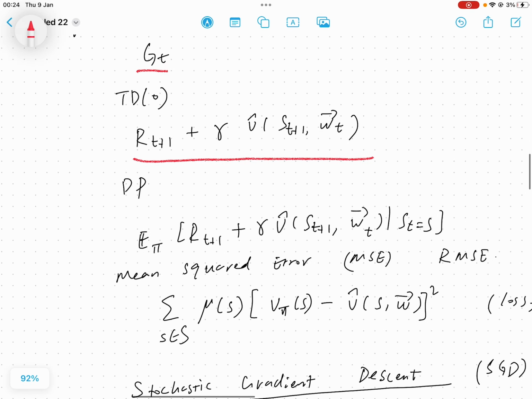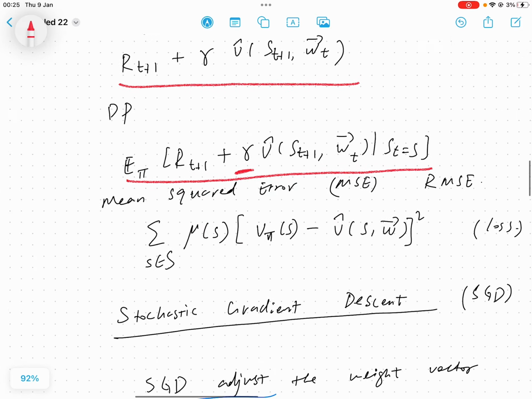In dynamic programming, it is the expectation over the policy pi of the immediate reward R_{t+1} plus the discounted future reward gamma times v hat.